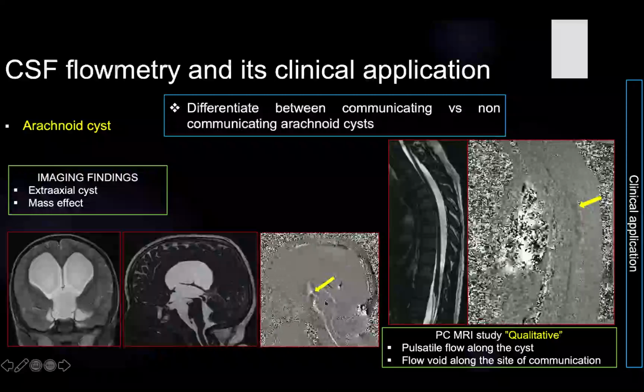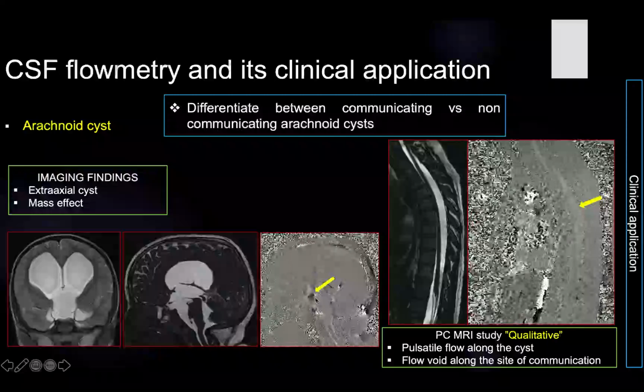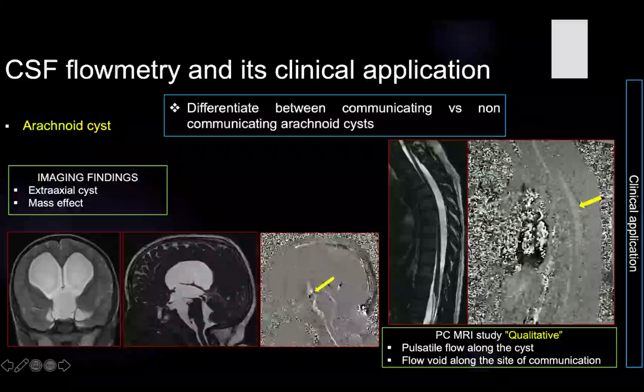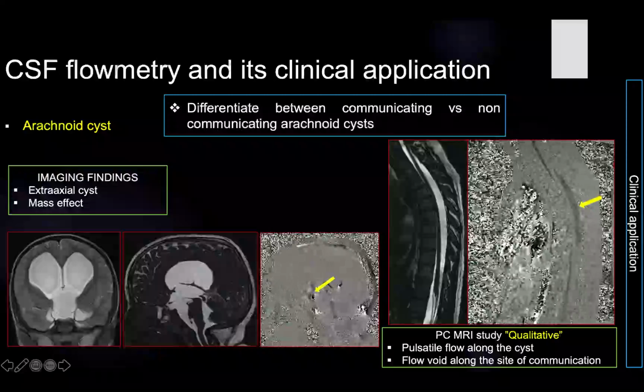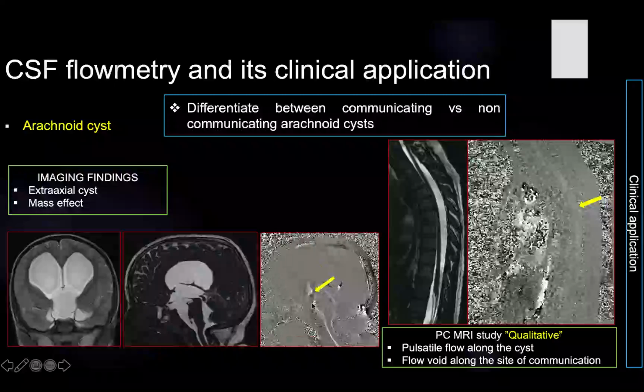In the CSF flowmetry, if this is the cyst, we can see the pulsatile motion of the CSF flow pass within the cyst.